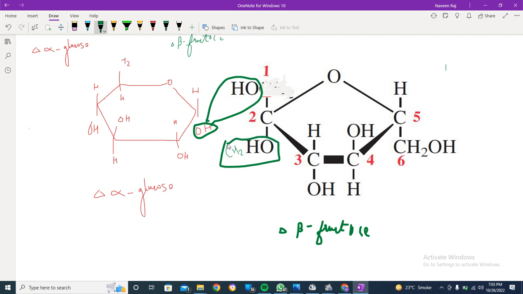Now OH will be released from the first, the alpha glucose, and H would be released from the second one, and oxygen comes in between.